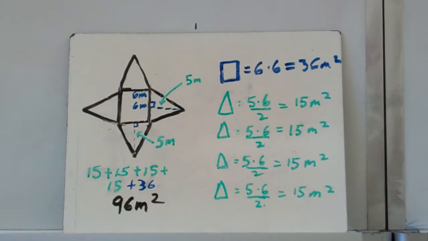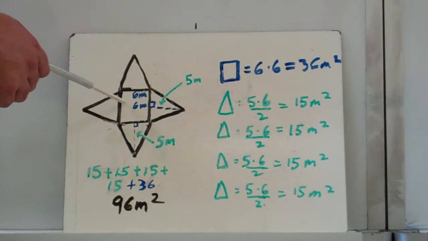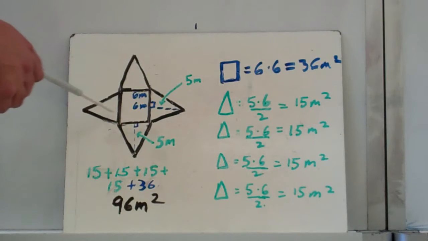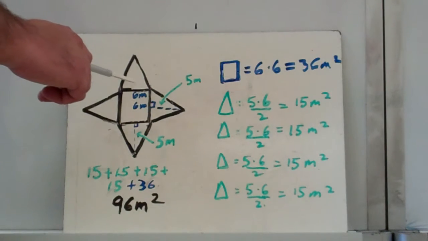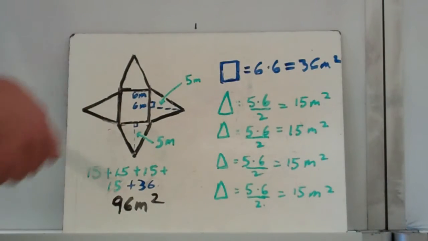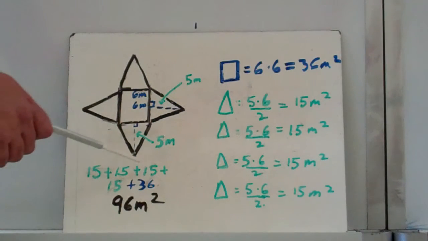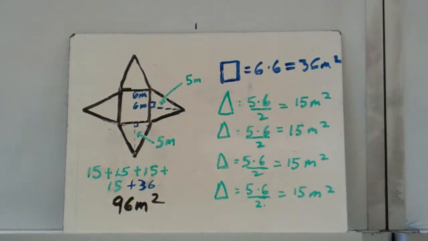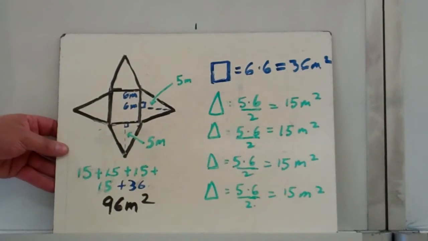Then we add 15 and 15 and 15 and 15 and 36 together, and get 96 meters squared for the surface area.